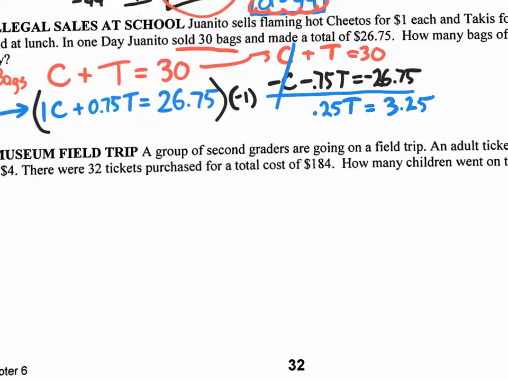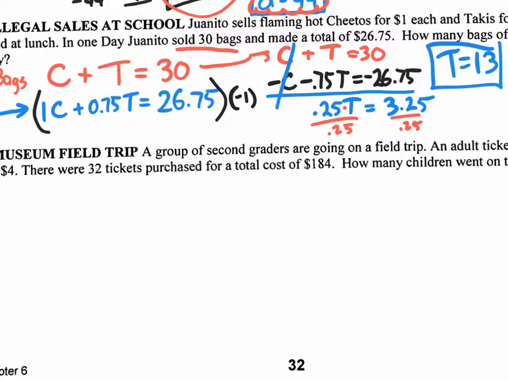So we need to solve for T, and it really has the multiplication of 0.25 in front of it. So let's get rid of that 0.25 by dividing by 0.25 and dividing by 0.25. With the calculator, take 3.25 divided by 0.25 and you will get 13. So T equals 13.